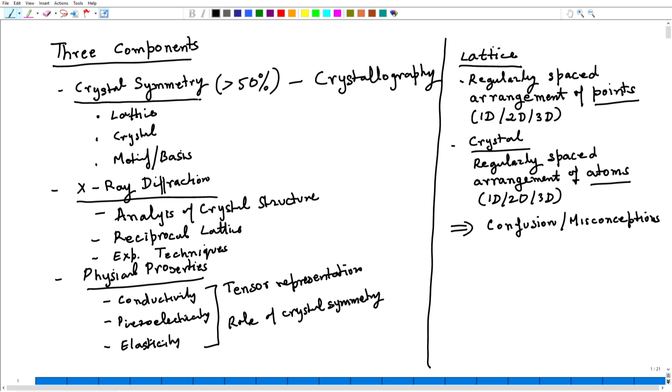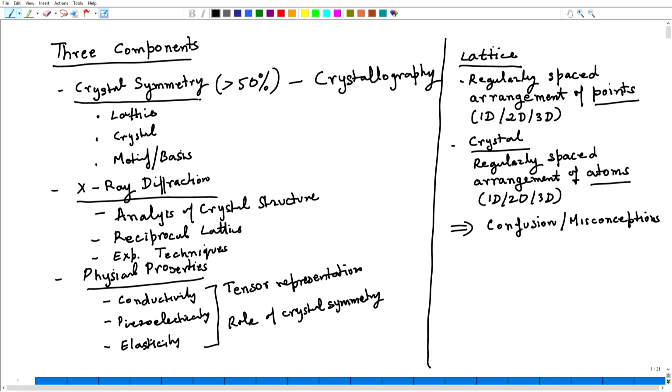And in fact, even in many of the basic texts of material science for an undergraduate class, they carry some wrong notions, and my endeavor would be to try to remove all those misconceptions regarding crystallography.